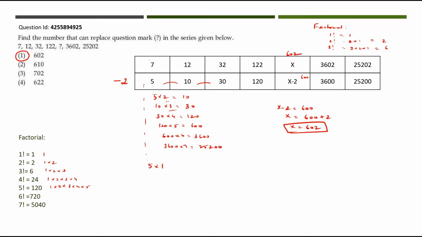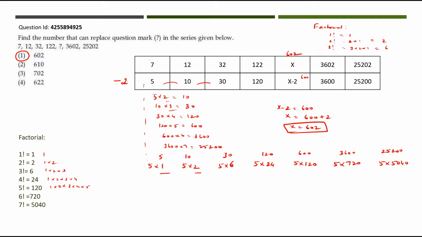This is 5 into 1, this is 5 into 2, this is 5 into 6, this is 5 into 24, this is 5 into 120, this is 5 into 720 and this is 5 into 5040. 5 is 5 into 1, 10 is 5 into 2, 30 is 5 into 6, 120 is 5 into 24, 600 is 5 into 120, 3600 is 5 into 720 and 25200 is 5 into 5040.